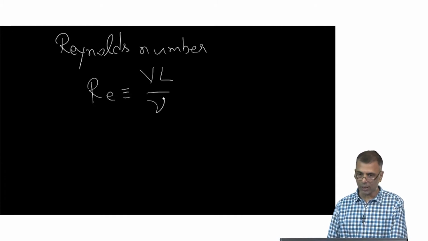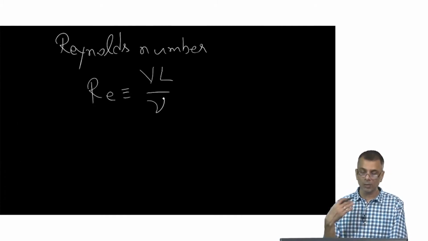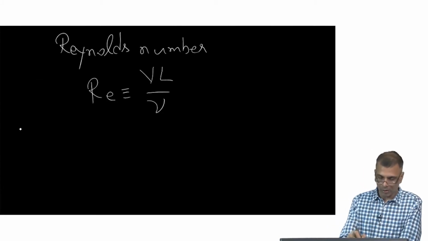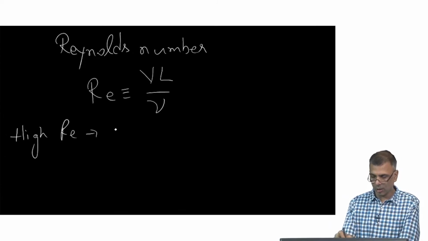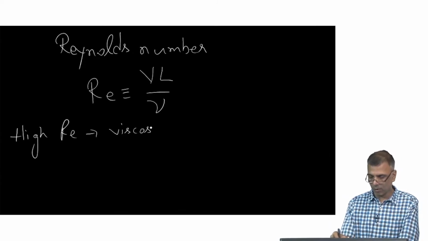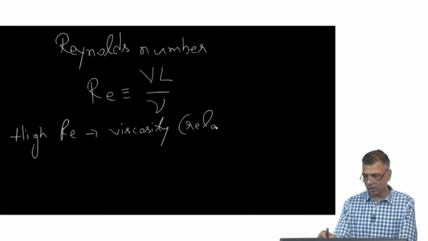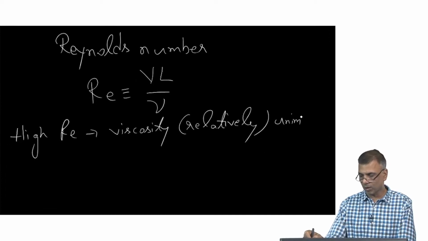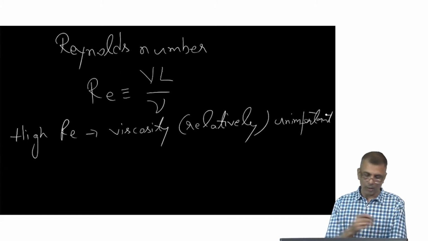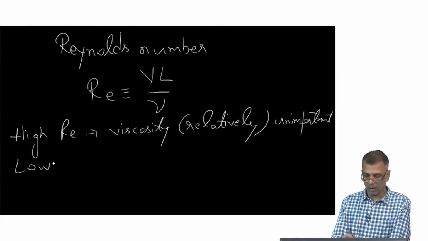If the Reynolds number is high, viscosity is relatively unimportant, and vice versa.